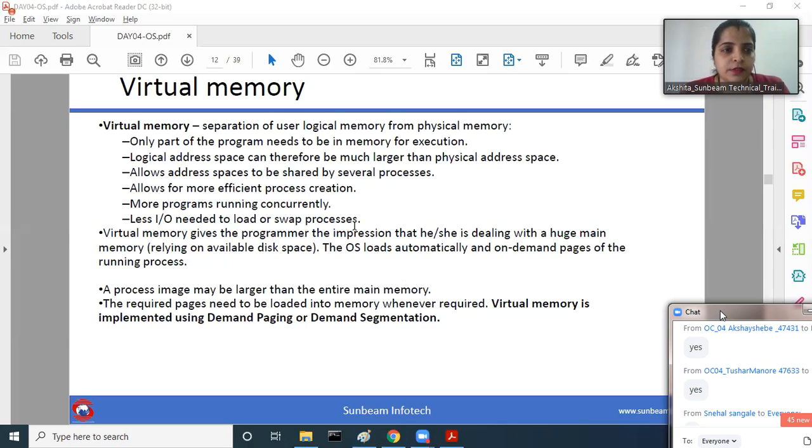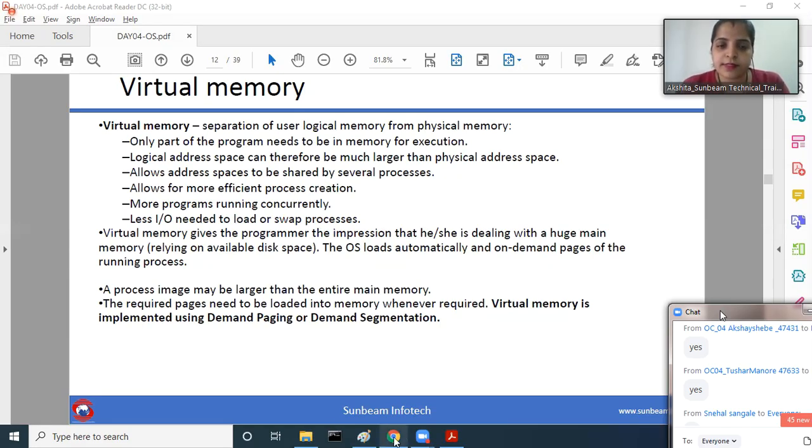Right. So when you talk about virtual memory, as the name says, virtual, it means it is not visible to the user, but it is basically a kind of impression that the user is using a large memory.